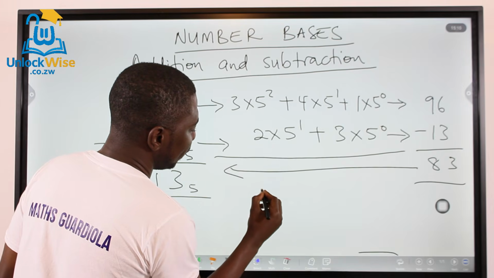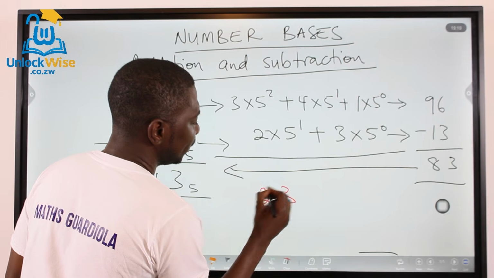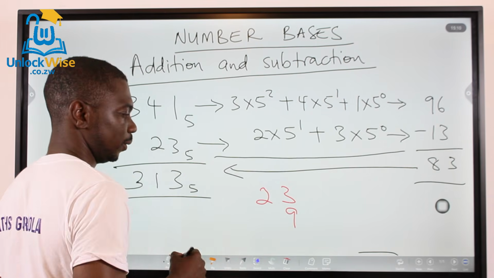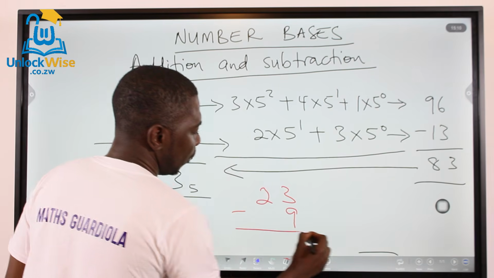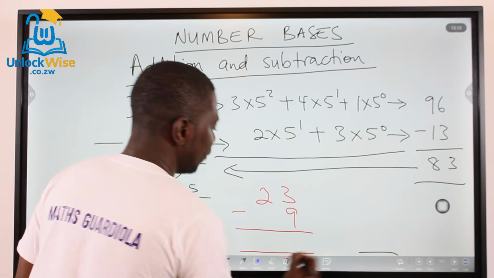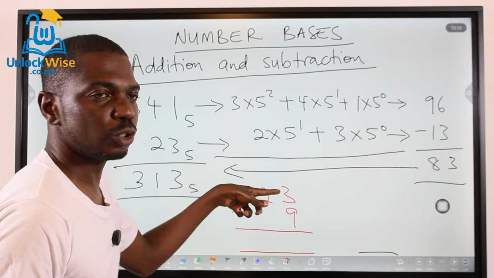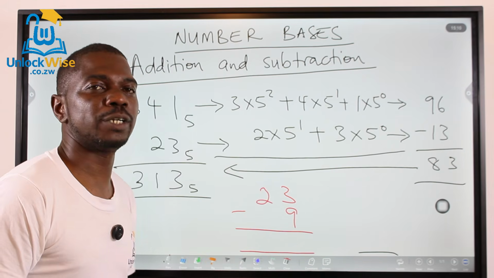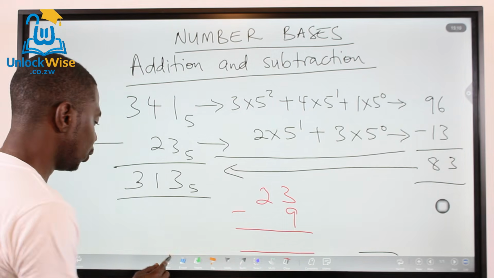Let's say we have 23 and we want to subtract 9, right? What will happen is we have a smaller number at the top and a larger number at the bottom, and this cannot subtract. So what do we do?